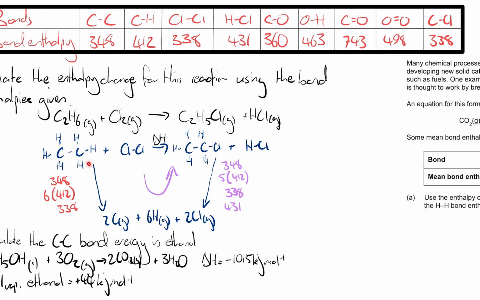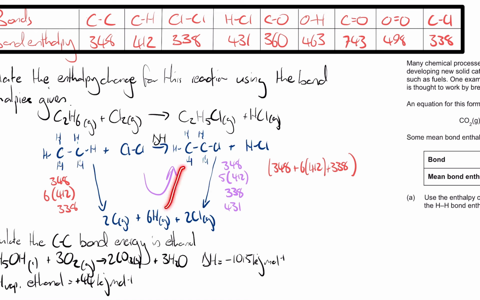Initially, we're going with the arrow, so we don't need to do anything to those values there. So we've got 3, 4, 8 plus 6 lots of 412 plus 3, 3, 8.